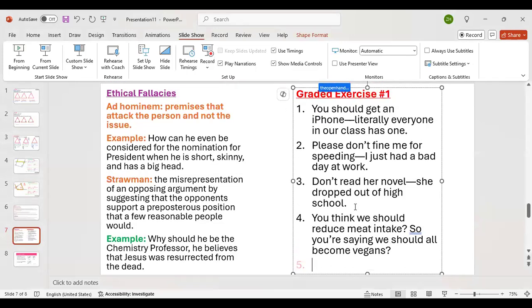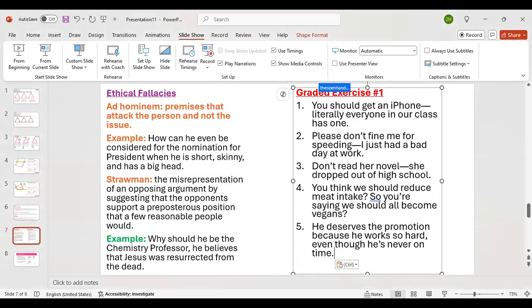Number five. Number six. Mr. Petit, we put like number 1 and then the fallacy, right?